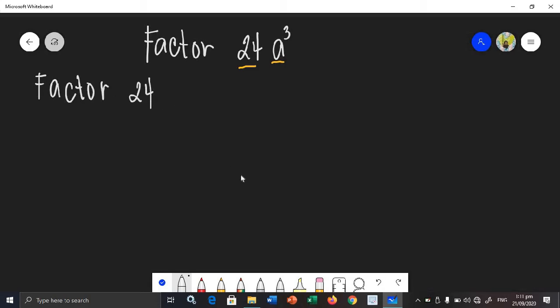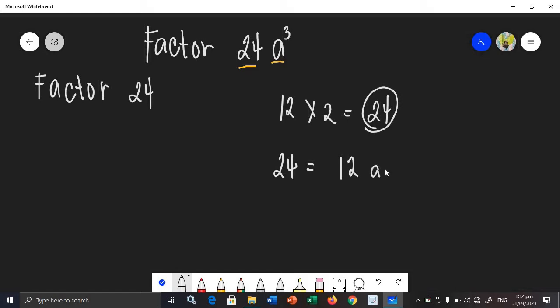When we say factoring, what is that? We are familiar with multiplication. So let's say, for example, I have 12 times 2 is equal to 24. That is multiplication. In factoring, we just reverse that. So if the teacher asks what could be the factors of 24, the factors of 24 are 12 and 2.